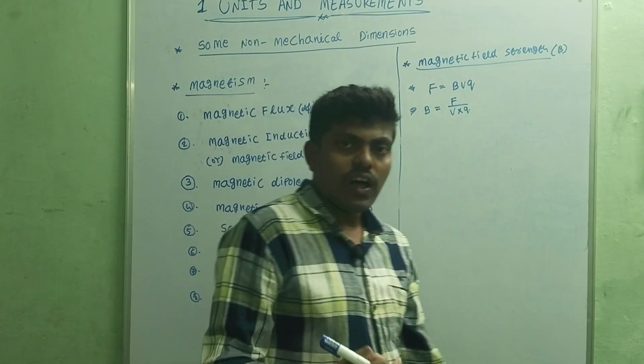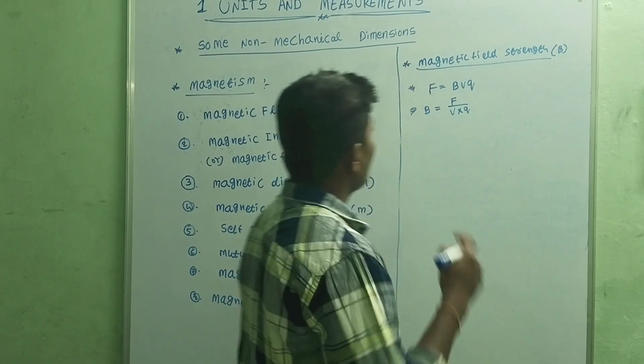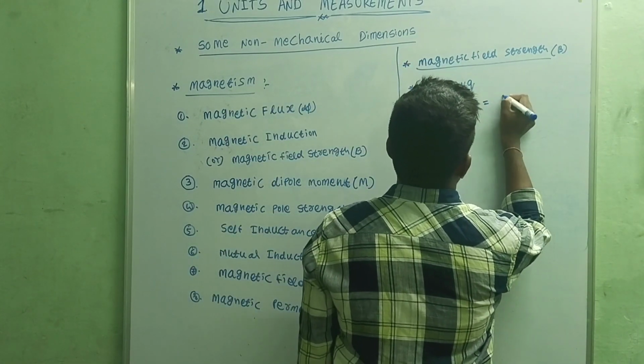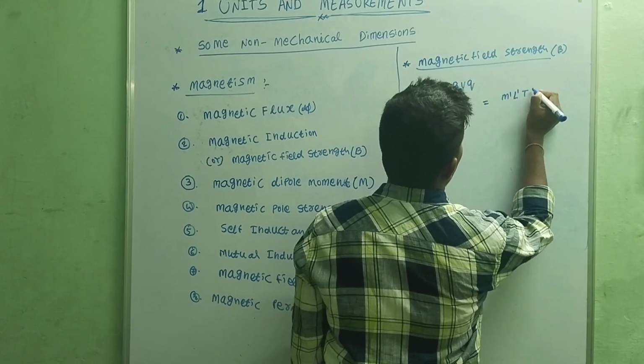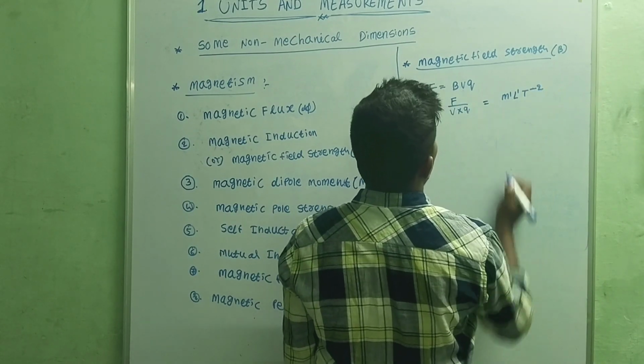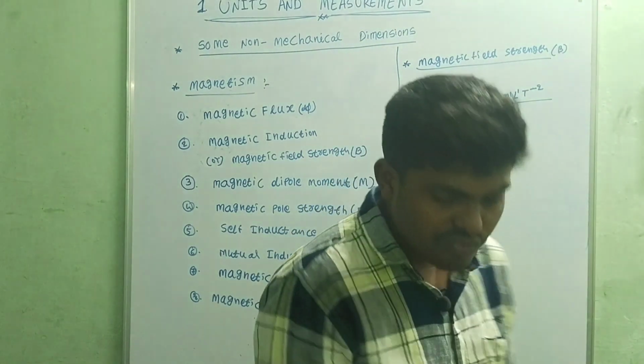Already we know the dimensions of force: M1 L1 T minus 2. And the dimensions of velocity?